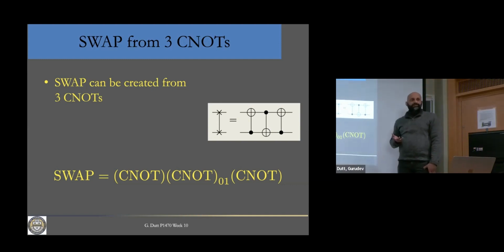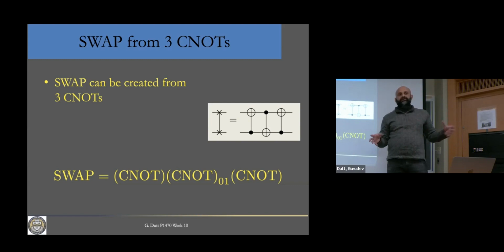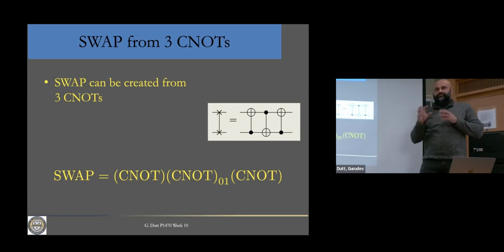In some cases it's easy enough, but especially on a superconducting qubit chip, neighboring qubits are somewhat easy to swap, maybe, because they have an interaction between them. But what if I want to swap with some distant qubit somewhere else? I can't directly swap the wires between the qubits, because it's a planar chip and trying to route wires all over the place would be crazy. We try to just do adjacent type operations.